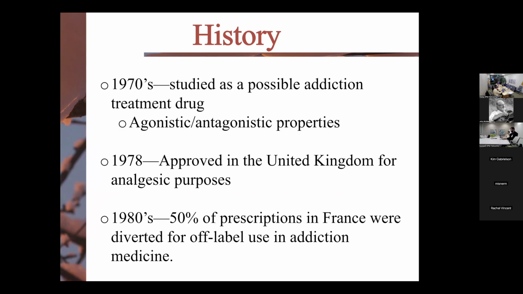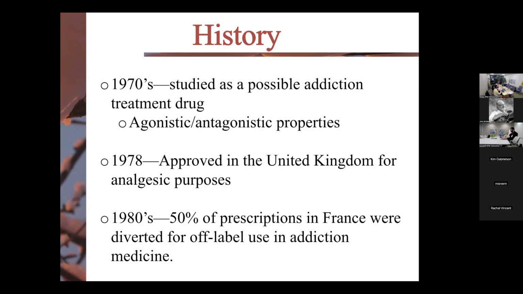In the 1970s, about 4 years or so after it was discovered, it was studied as a possible addiction treatment drug because of the agonistic and antagonistic properties. In 1978, it was approved in the United Kingdom for analgesic purposes, but by the 1980s already, it was being used for addiction medicine. 50% of the prescriptions in France were written off-label for addiction.